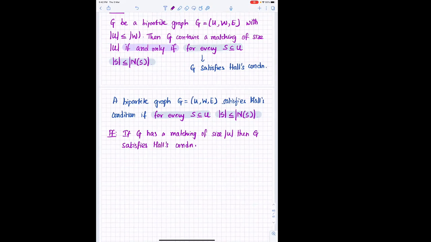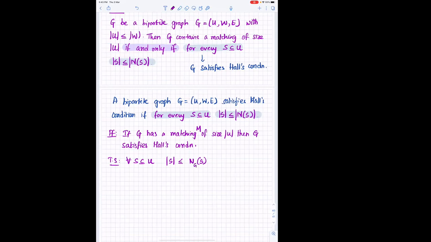So what do we want to show? If the graph has a, let's call this matching M. So if the graph has a matching of size U, then for every subset S of U, the cardinality of the set should be smaller than the cardinality of the neighborhood. So I want to just introduce one more terminology here, which will be useful later on.